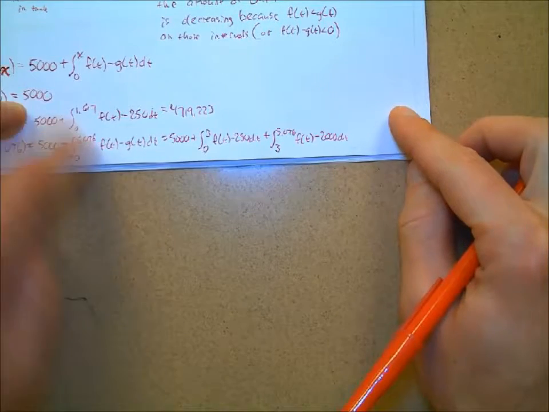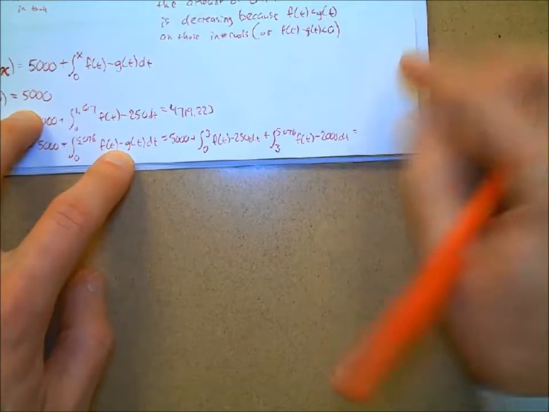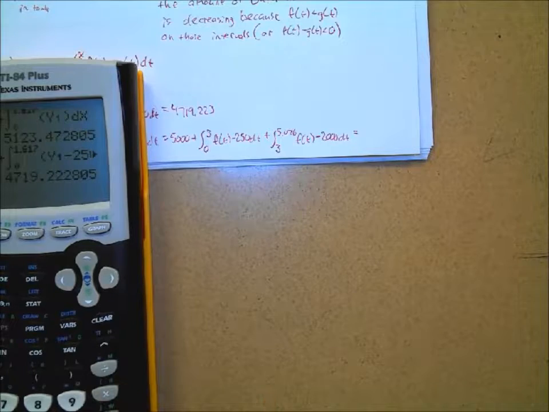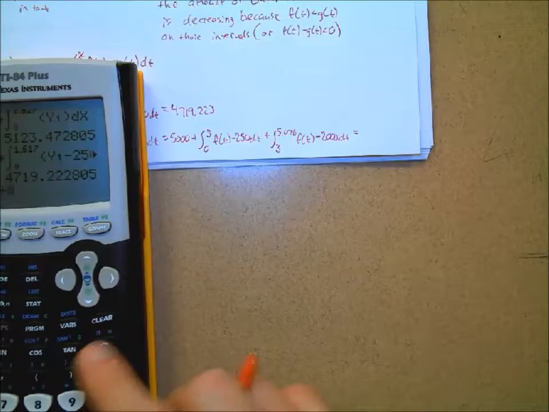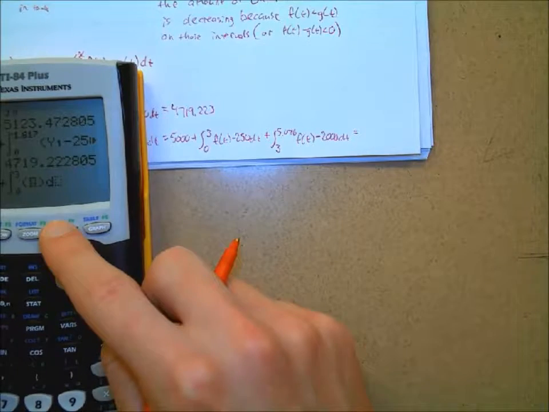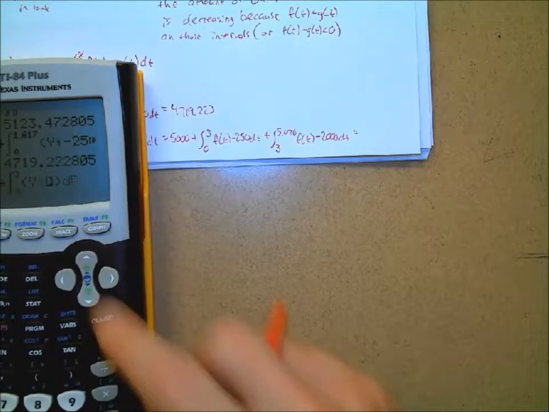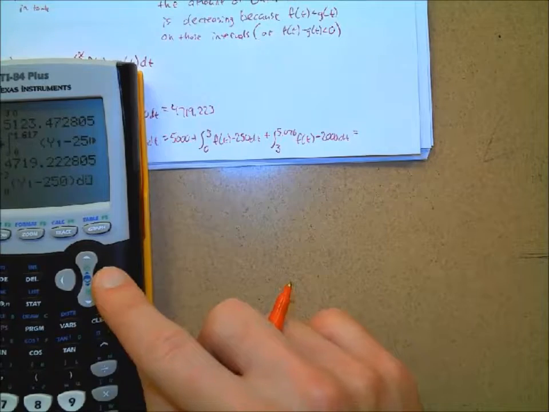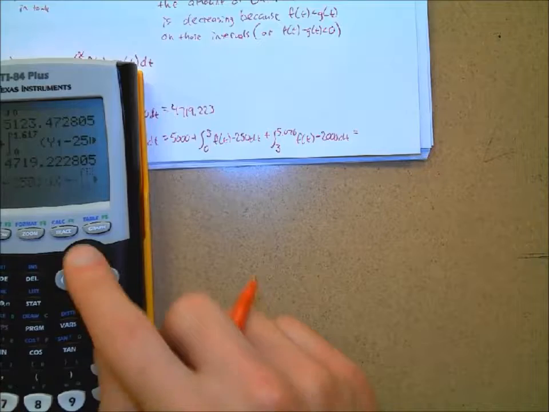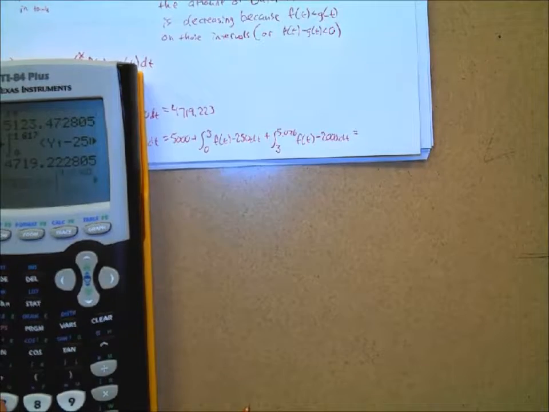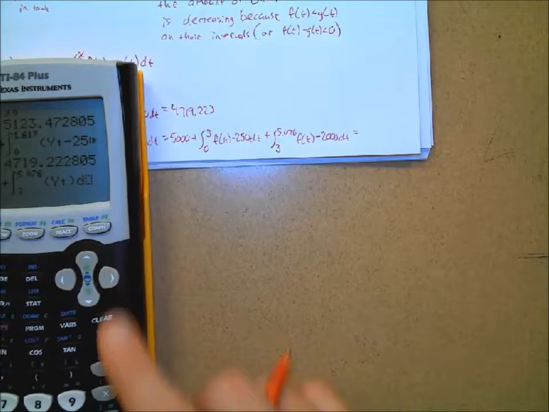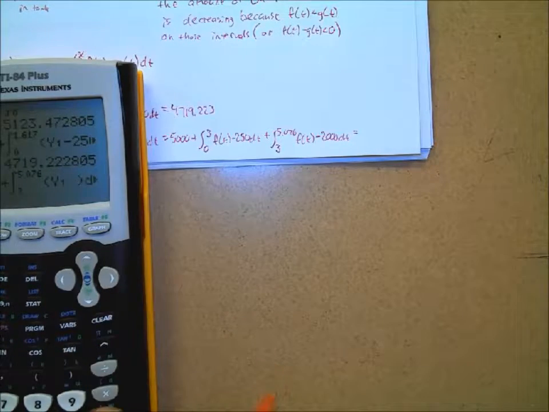Okay, so we have to break up that interval. That's math 9, 0 to 3, y1 minus 250 dx, plus math 9, 3 to 5.076, minus 2,000 dx.